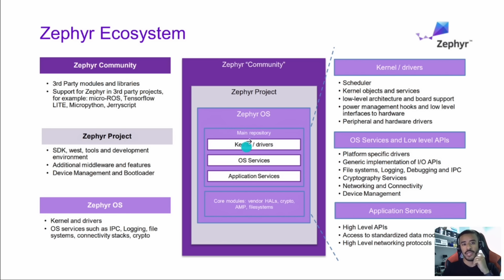In the OS services and low-level APIs layer, this includes logging, file systems, IPC, network, and device management, for example. At the bottom, we have the application services, where we have the applications that interact with the system in a portable and standardized way.